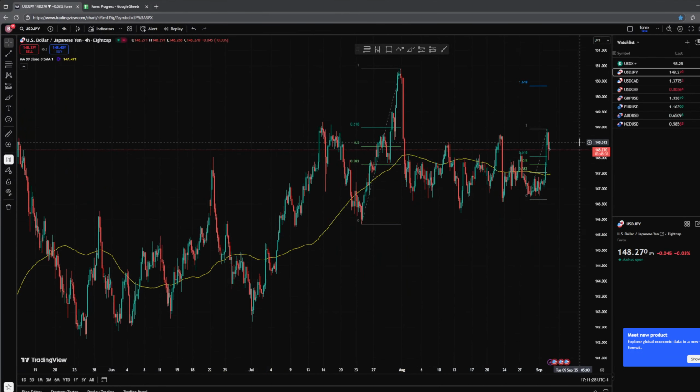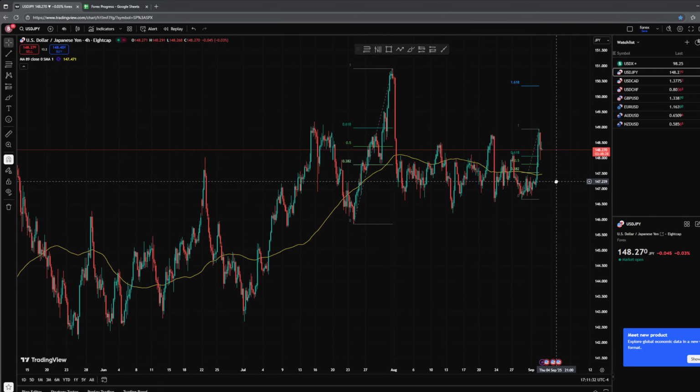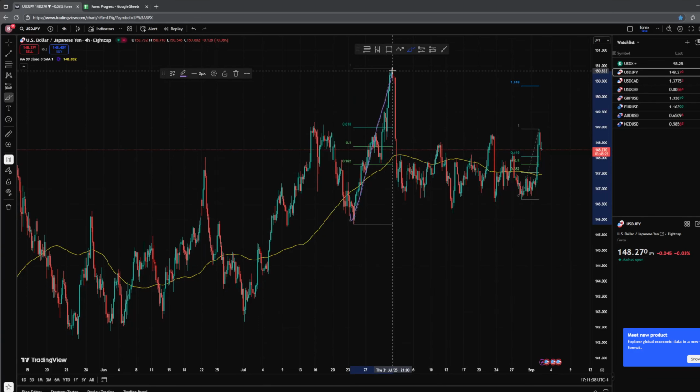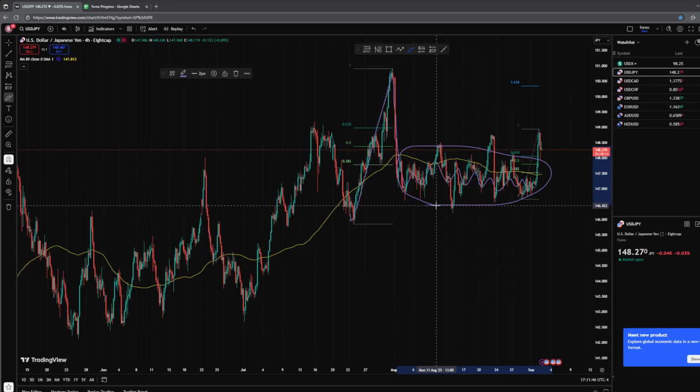Okay, now let's analyze each forex pair individually. First we have the USD Japan yen. We have a nice up leg, then market is retracing, with a lot of candles hanging out near the yellow moving average line, right? So it signifies that although the trend is up, the market is demonstrating a really weak uptrend.